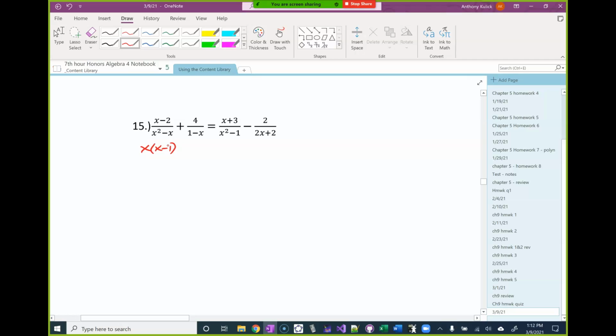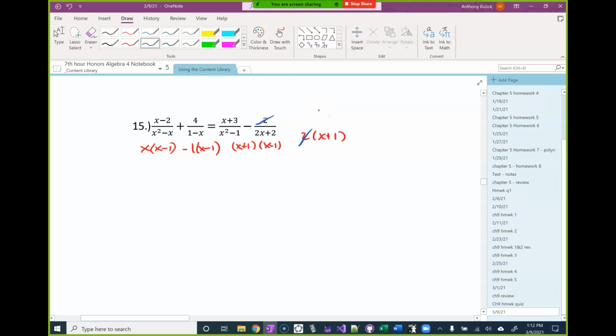If I do that, the x becomes positive, the 1 becomes negative. That makes such a huge difference because now I really just have 2 polynomial factors. And even better, I can reduce that last fraction before I make my least common denominator.